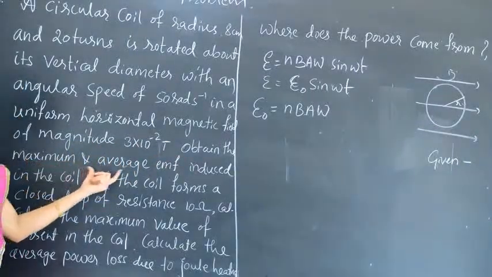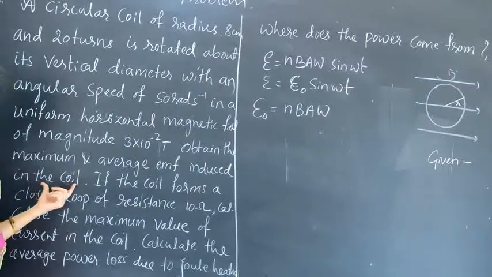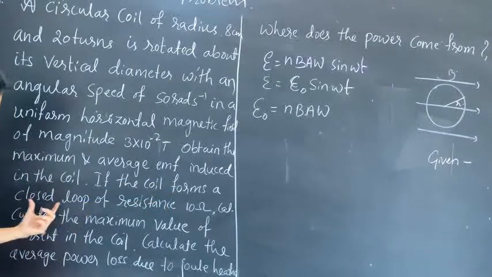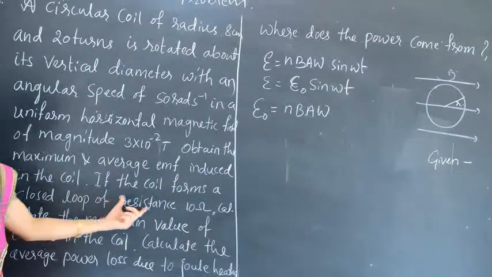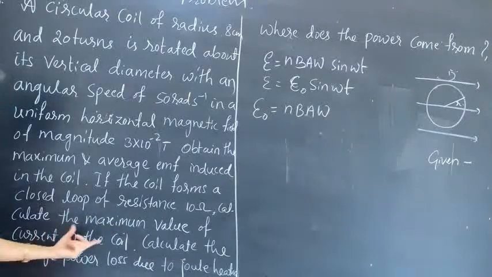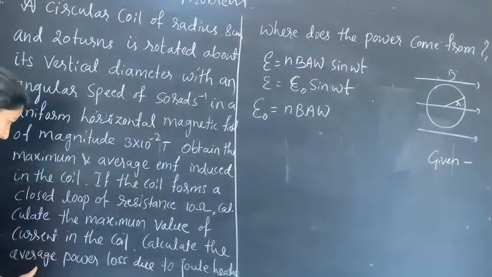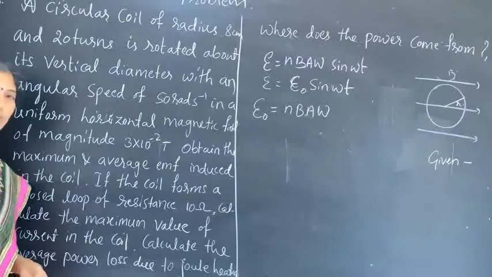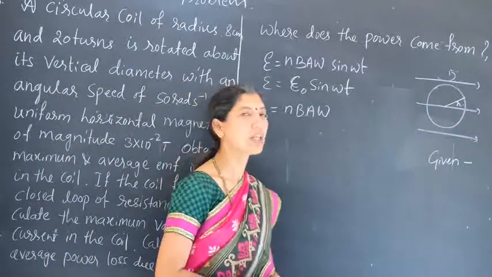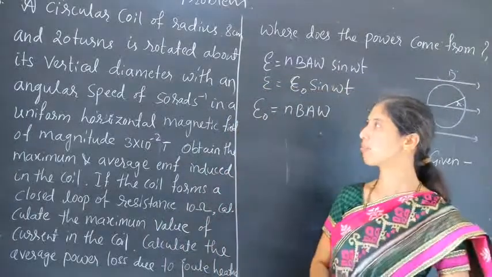Obtain the maximum and average EMF induced in the coil. Then, if the coil forms a closed loop of resistance 10 ohm, calculate the maximum value of current in the coil and calculate the average power loss due to Joule heating. Where does the power come from? So, this is the problem.